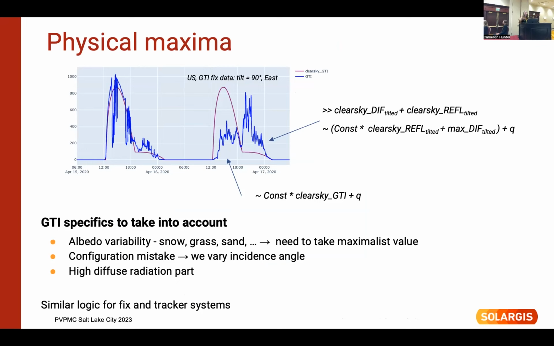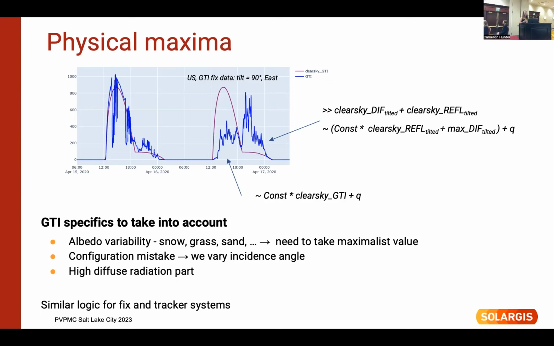So we take some constant times clear sky GTI, we add some buffer, and we are more or less done. But for the right part, when we have no direct solar radiation anymore, things are not proportionate to clear sky GTI. It is diffuse plus reflected part, because the diffuse part can be much larger than clear sky diffuse.